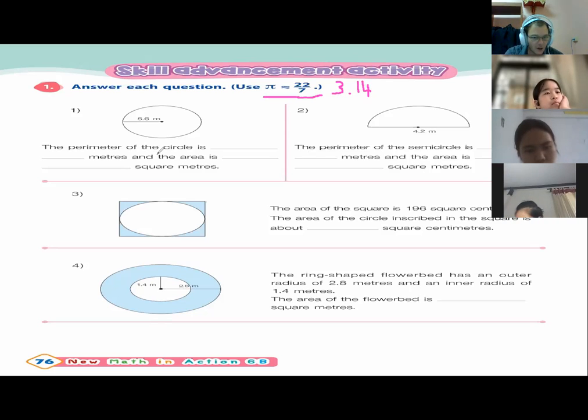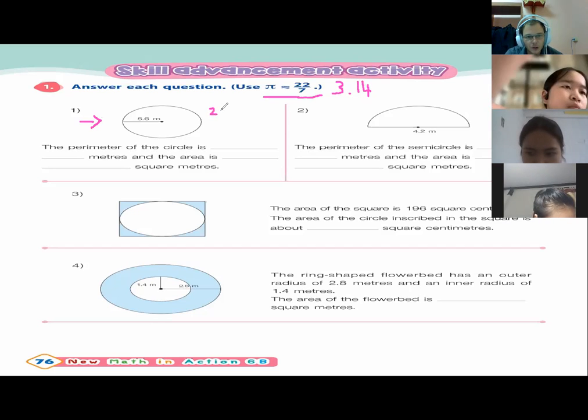What is the perimeter of the circle? Number 1 here. So how do we calculate the perimeter? 2 pi r. Excellent. So now we have to calculate.